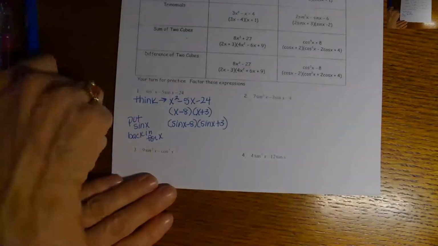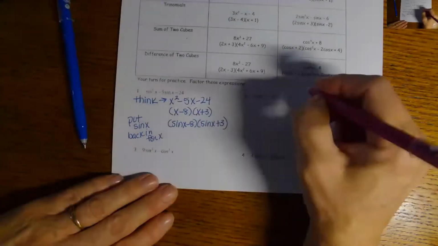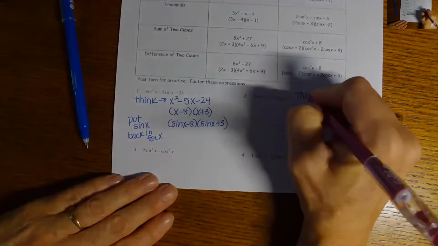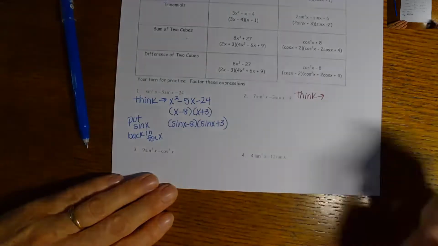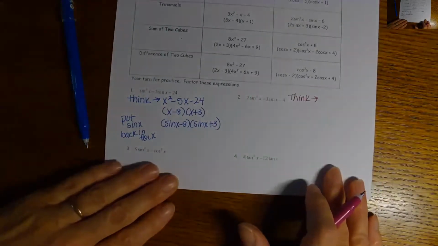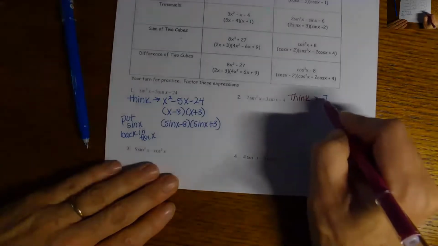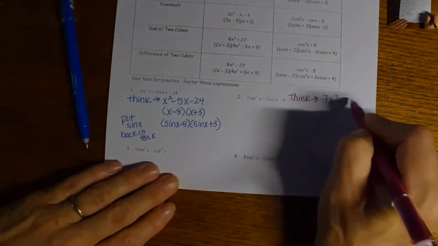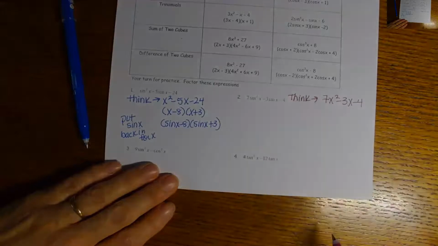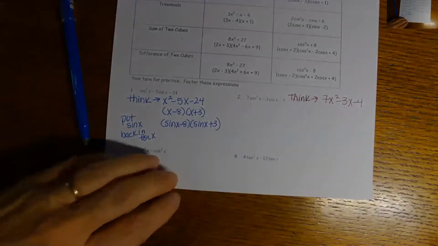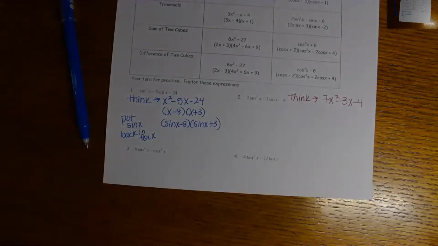What about this guy? What am I going to think on this one? What should I pretend that says for just a minute? There we go. That's better. Now, y'all factor that. I'll give you a second. Factor that.